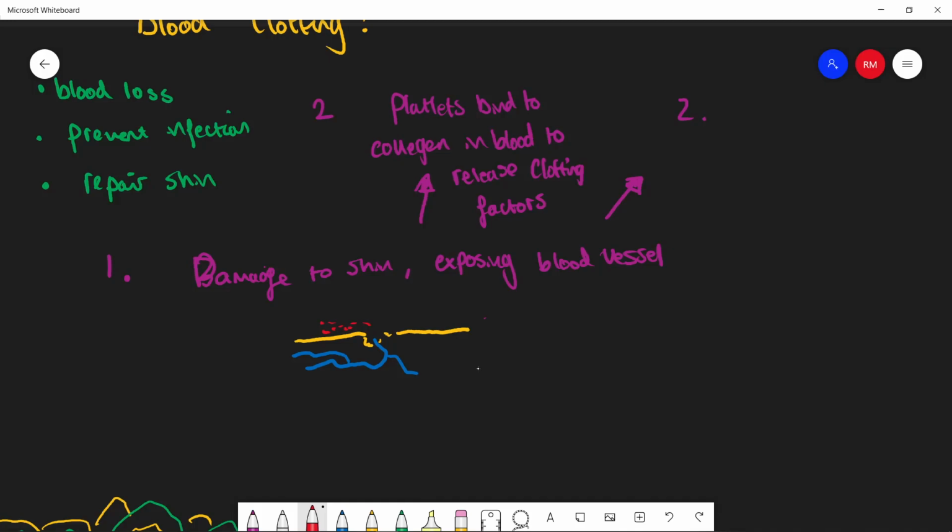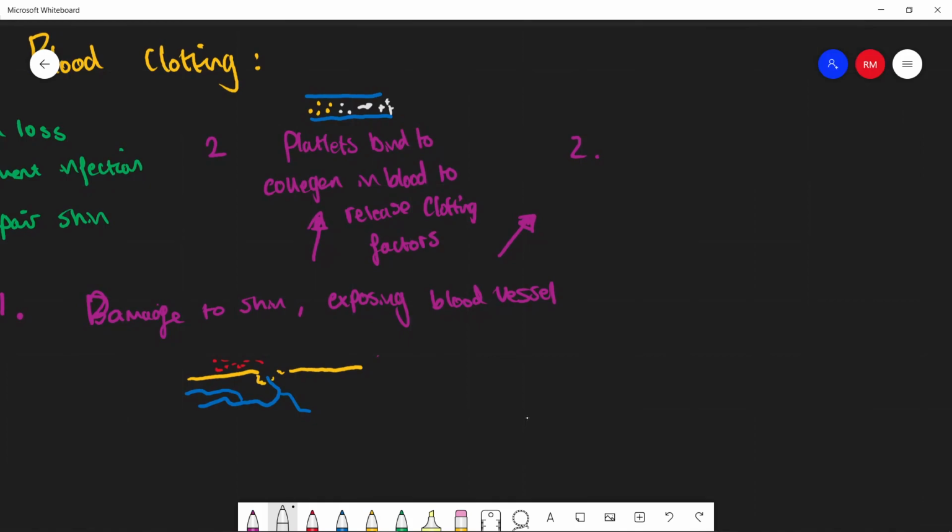So platelets in the blood bind with some collagen to produce some clotting factors.